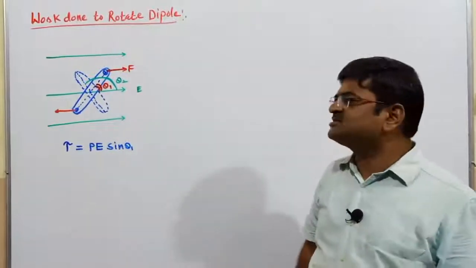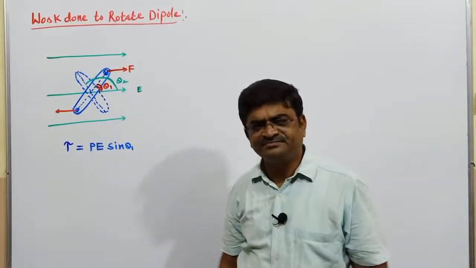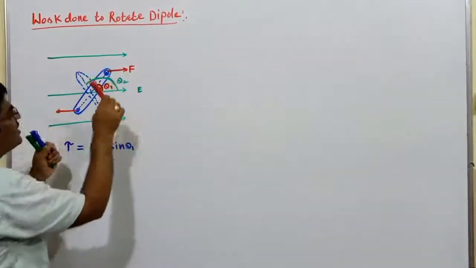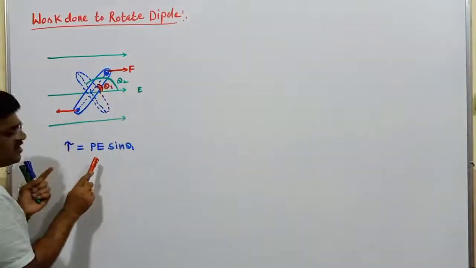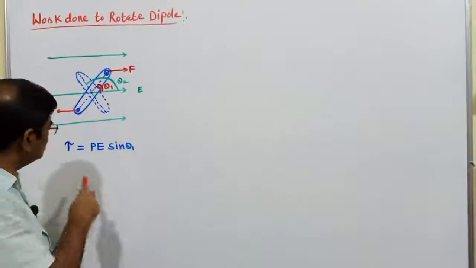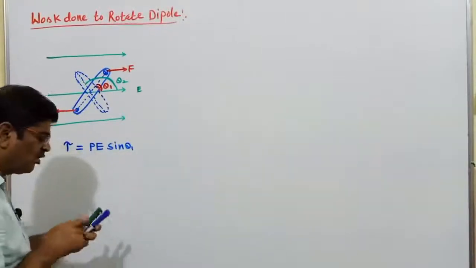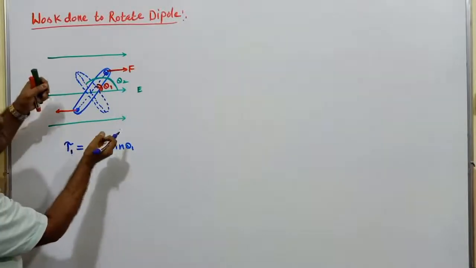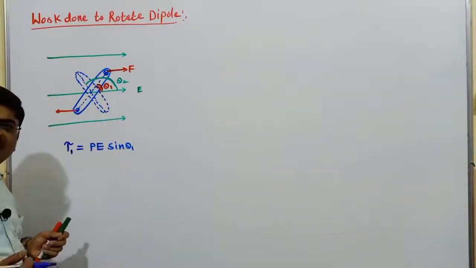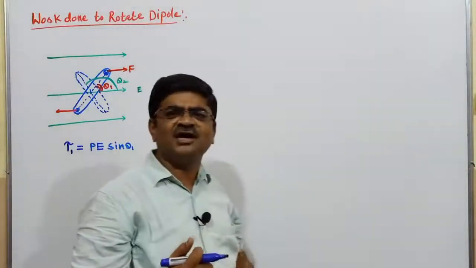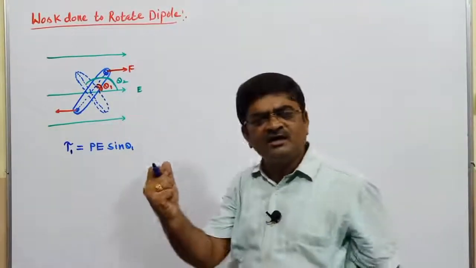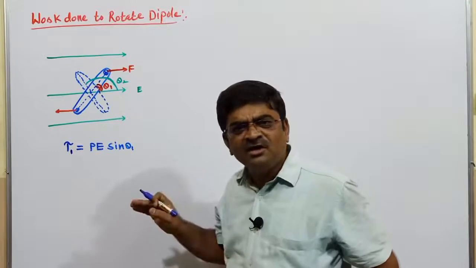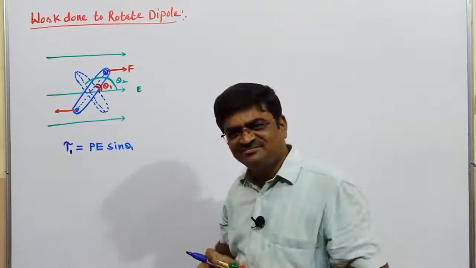Now you may ask why work should be done. Naturally, when I place this dipole in the electric field at position theta 1, it is experiencing a torque tau 1. And now, if I want to go against that, anti-clockwise let us say, to go against anybody you should spend energy.